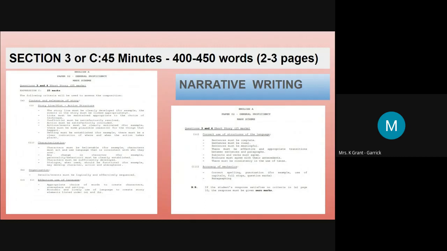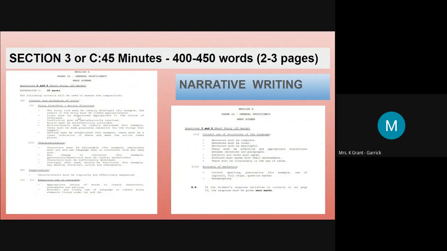All right. Now, as you go into writing your story, CSEC will be looking to mark you on the content and relevance of your story. So the focus is first of all on your storyline or the plot, and that means the actual structure.